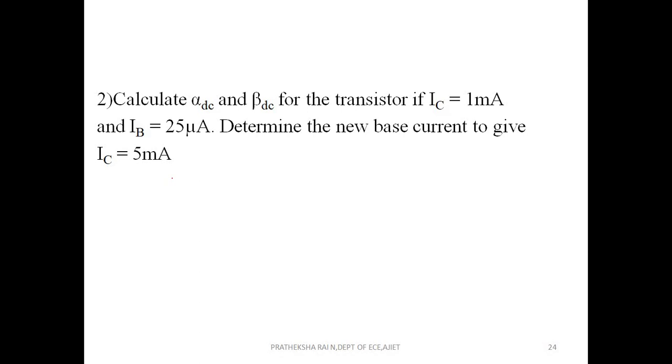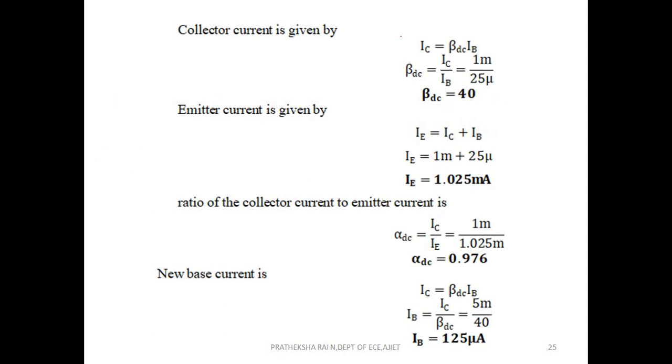First, with IC equal to 1 milliampere, find beta DC, then find the new base current IB due to the new collector current IC. Collector current is given by IC is equal to beta DC IB. So we can find beta DC directly by substituting IC as 1 milliampere and IB as 25 microampere. We will get beta DC is equal to 40.